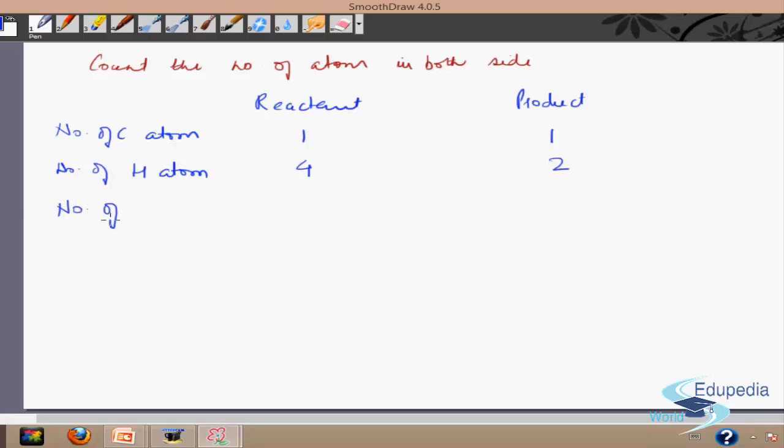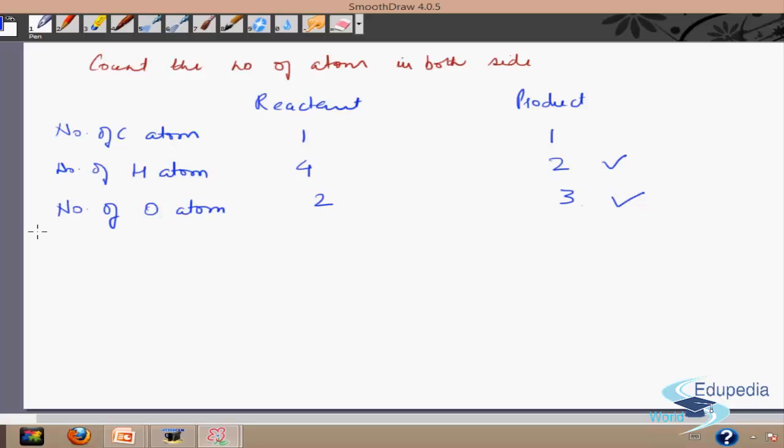Oxygen atoms, we have 2 and 3. So you see, you have different numbers of hydrogen atoms on both sides and different oxygen atoms on both sides. The number of carbon atoms is equal on both sides. Yes, we don't have to do anything to it, but the numbers of hydrogen atoms and oxygen atoms are unequal.